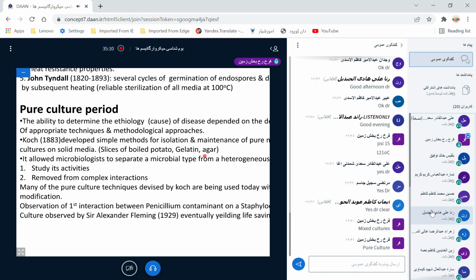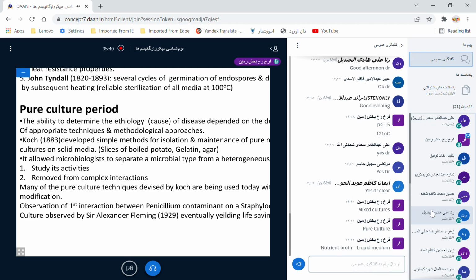For example, when we say nutrient broth, it means it is a liquid medium.